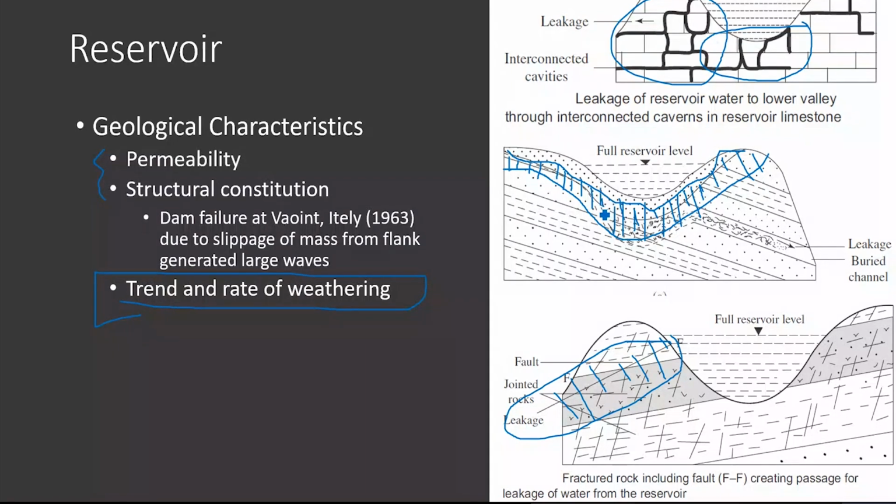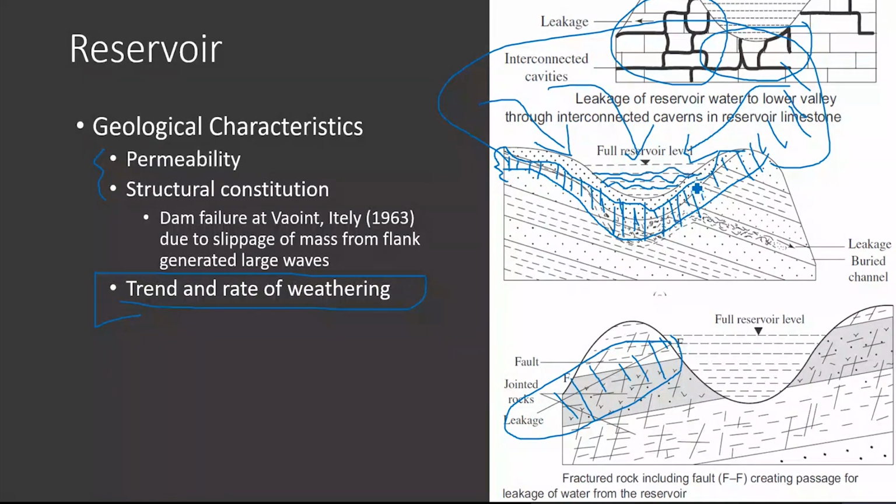The thickness of this weathered profile is very important to understand, not only in the reservoir area but in the entire catchment area, because all this weathered soil or rock is going to flow to the reservoir as a result of rain or surface runoff, so all these materials are going to come and deposit in the reservoir. When this huge amount of material comes to the reservoir, it is going to reduce its capacity. It will fill the reservoir if you are not taking proper care and not understanding the actual characteristics.